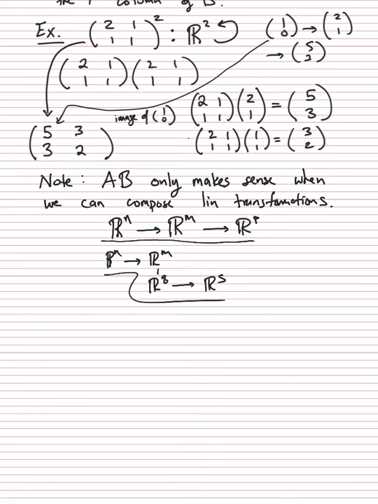The range of this isn't the domain of this. So on the level of a basis, the number of rows of the matrix B should equal the number of columns of the matrix A. This is just another way of saying Rm has to be the same in both cases.